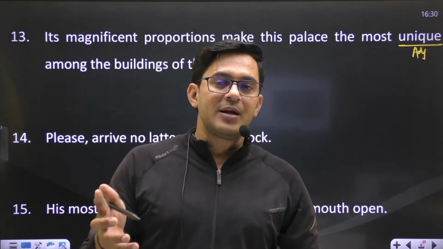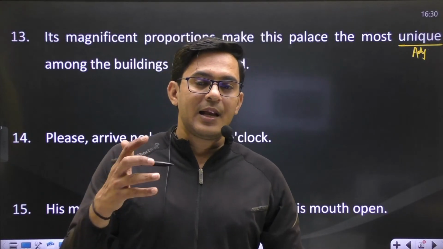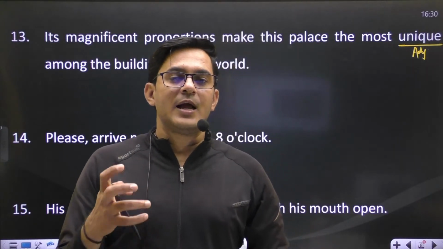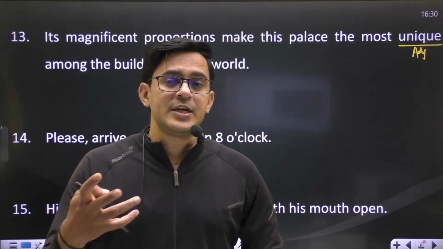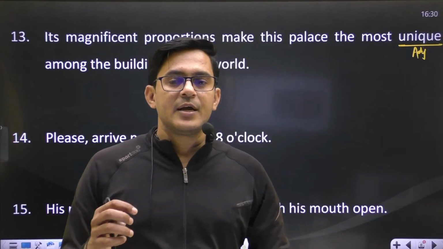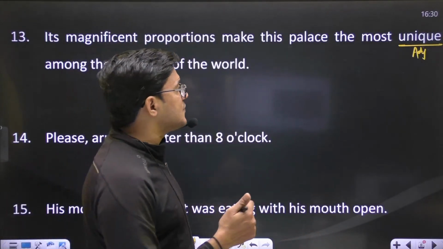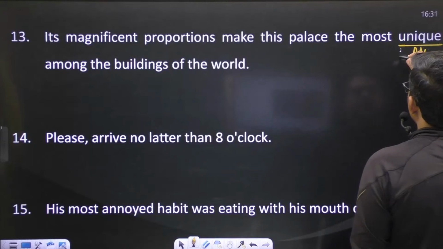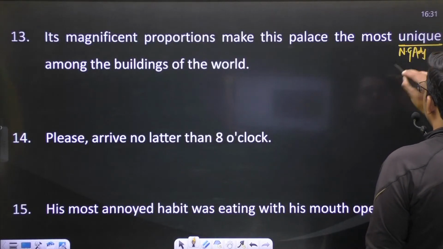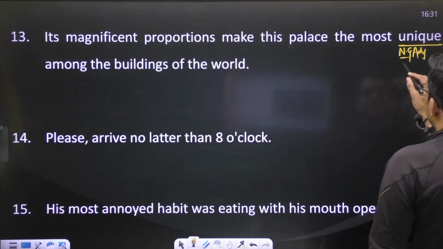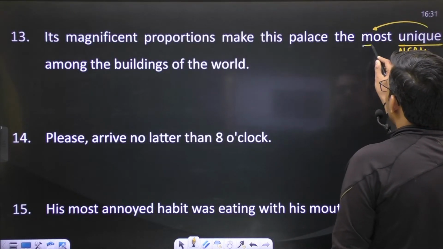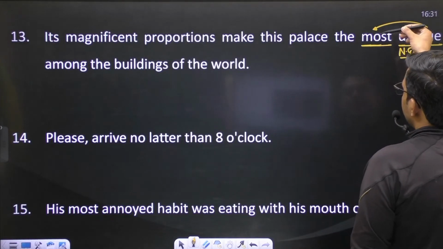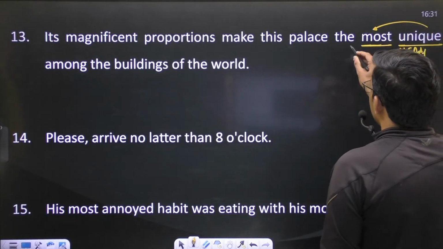And unmatched, unparalleled, solar, milky, lunar, lonely, lively, lovely, full, empty, right? These are non-gradable adjectives, or non-comparable adjectives. Usually the error can be made by giving any adjective like more or most, right?